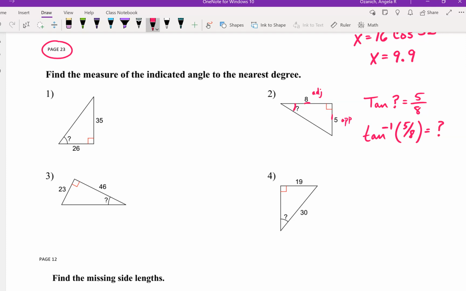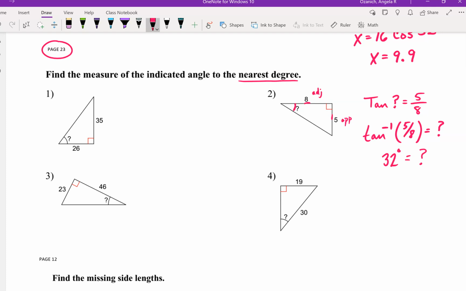So let's plug that into our calculator real quick and see how tangent inverse of 5/8 treats us. We're rounding to the nearest degree, and if you did this one with me and did it correctly, you should get 32 degrees as the question mark angle.